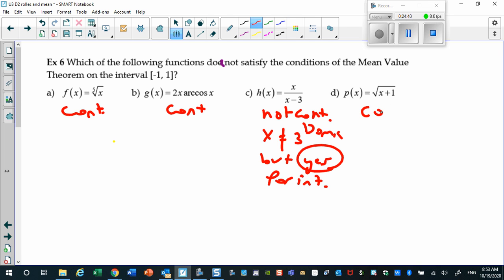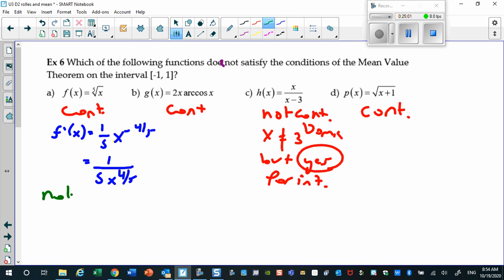In this given interval, I can do negative 1 to 1. So I'm continuous. Let's talk about derivatives. The derivative of this, by the way, is 1/5 x to the negative 4/5, or 1 over 5 x to the 4/5. Ladies and gentlemen, this is not differentiable at x equals 0. That is in the interval, so this one does not satisfy the conditions.